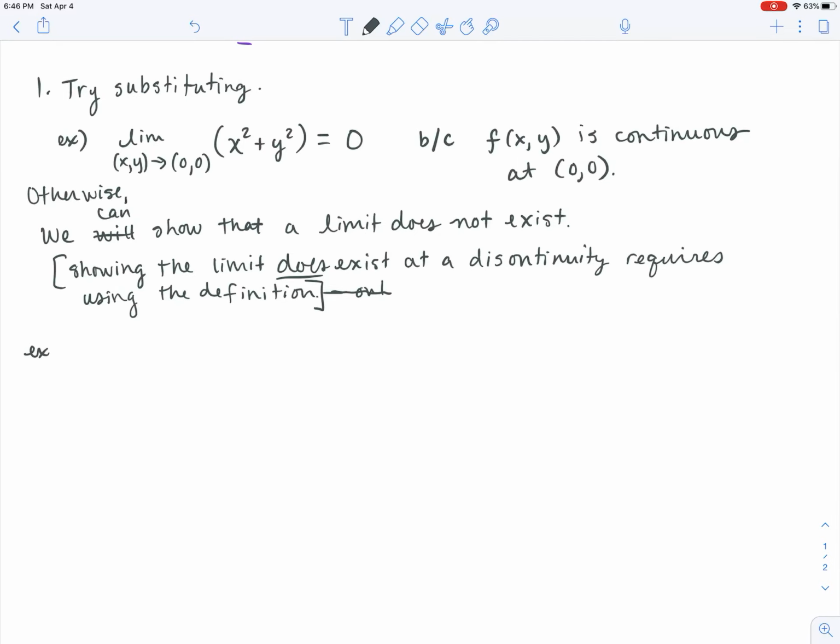Okay, so let's do an example. Let's find the limit as xy approaches 0, 0 of sine x plus cosine y.